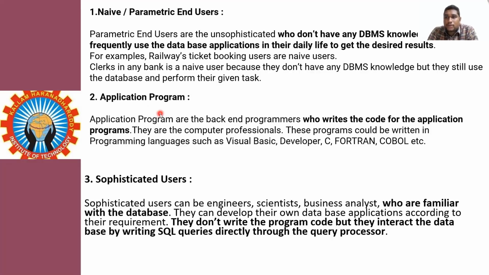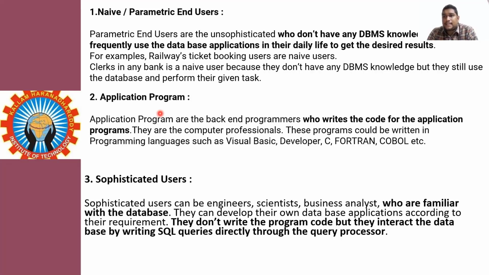Next, application programmer. Application programmers are back-end programmers who write the code for the application programs. That is, they write the code in the application, such as the ATM center. Whatever task is happening, like moving money from one collection of one currency to another, such as 500 notes, 100 notes, or 2000 notes, this program was done by the application programmer.